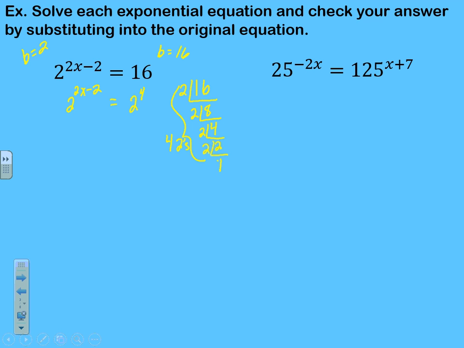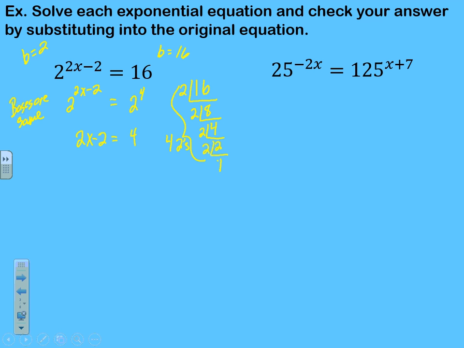Now, at this point, the bases are the same. So because the bases are the same, we no longer need to write the bases, and we can take the exponents themselves, on the left 2x minus 2, and on the right 4, and set them equal to each other, and then solve it like any other normal equation.